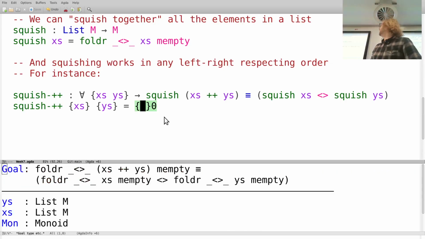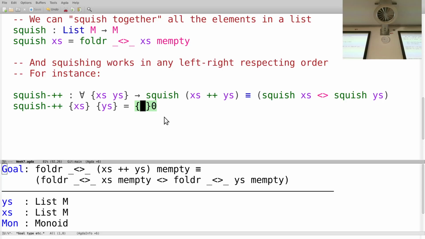Okay. So now, because Guillaume tried to be clever and use this fold R operation, our goal looks a bit scary, right? But we can think back to how fold R was defined. It was doing pattern matching on its list, right? So we play the usual game of why is it stuck?